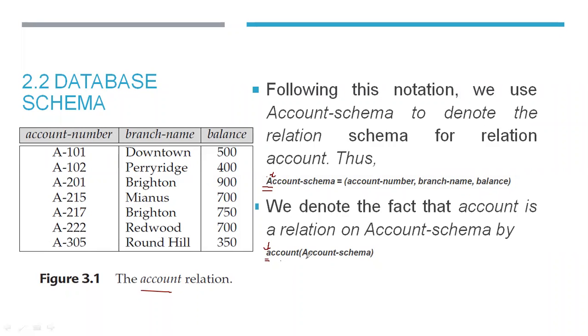So account relation on Account schema. Whenever schema comes, the first letter is capital. I hope you got how to write schema. So Account schema is nothing but account number, branch name and balance. All the 3 fields are nothing but column names.